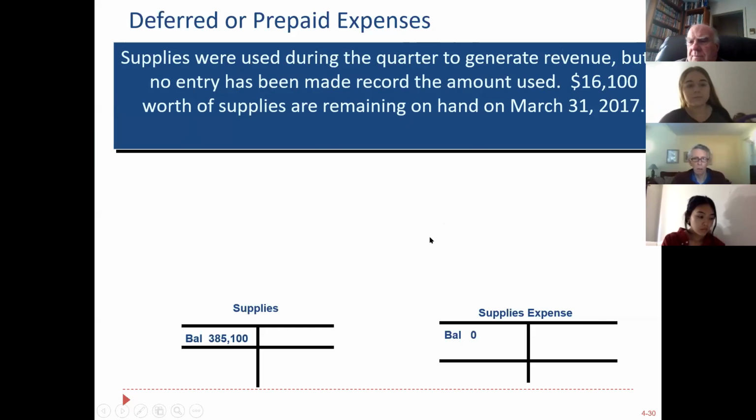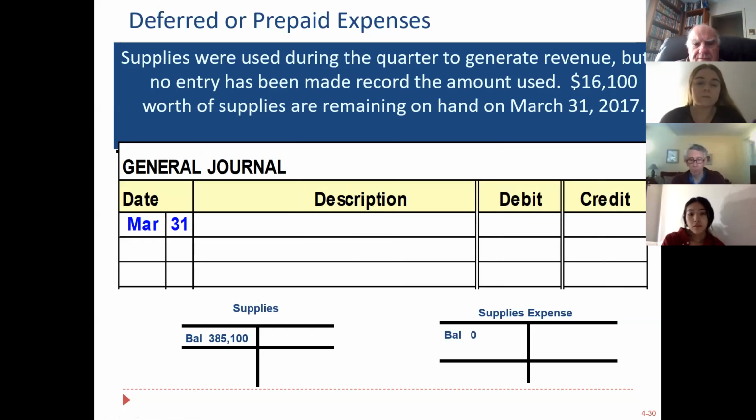The prior problem, they gave you the expense. Here, they are giving you how much is left in the supplies account. We only have 16,100. How much did we have to begin with? Wow, they had $385,000 worth of supplies. And then at the end of the month, they only had 16. They used a ton of supplies.